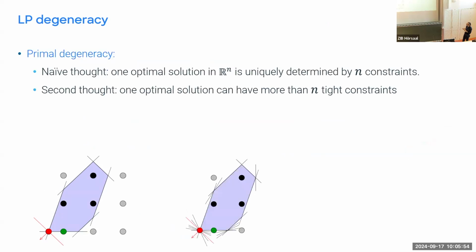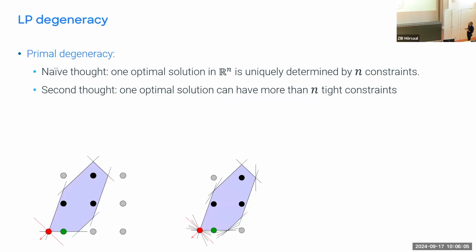Let's skip over this. Let's just mention one important concept in LP, and that is degeneracy. So the simplex works very nicely if at each step you can make an improving move, and that means if the primal and the dual solutions are unique. Yeah, but it can happen that actually such a vertex solution is not only defined by n hyperplanes, but by many more.